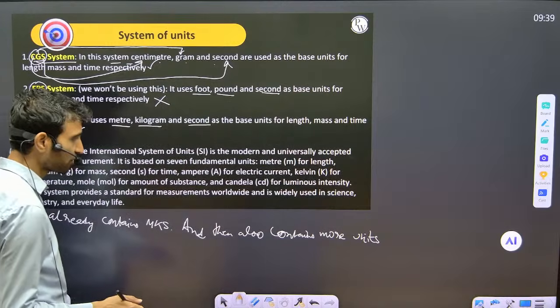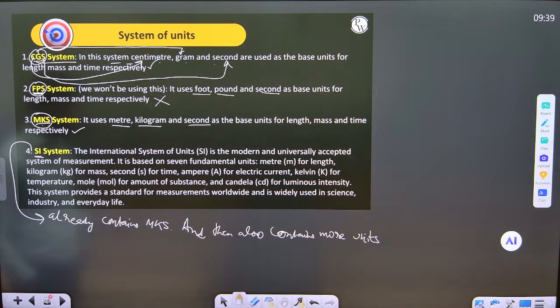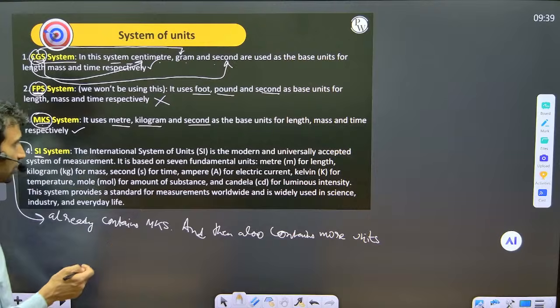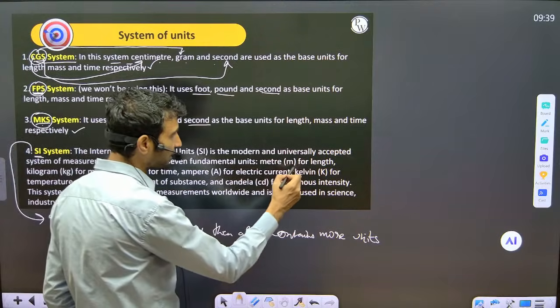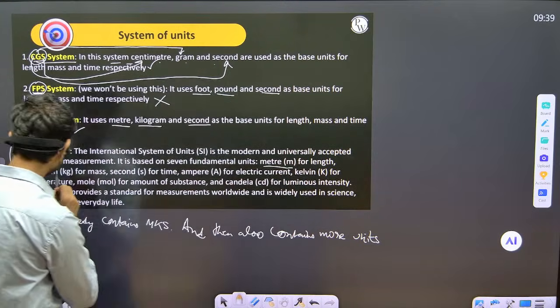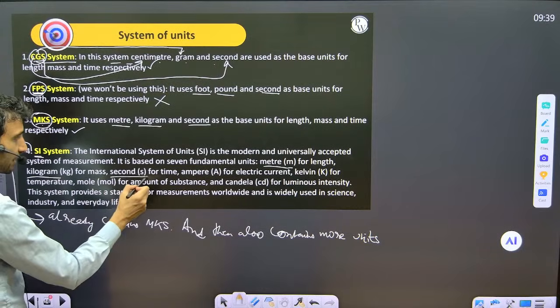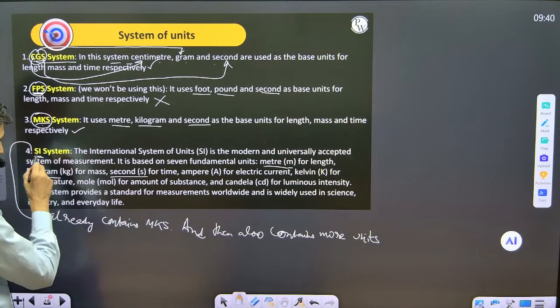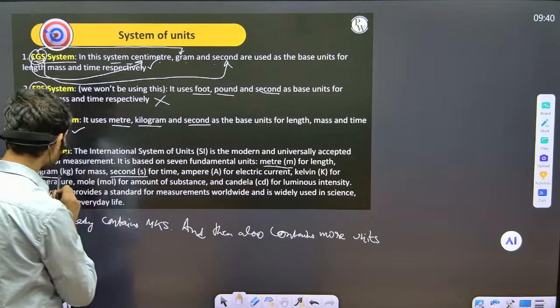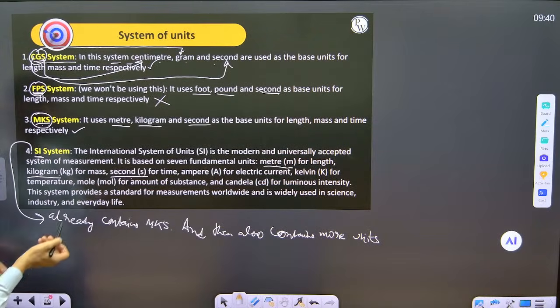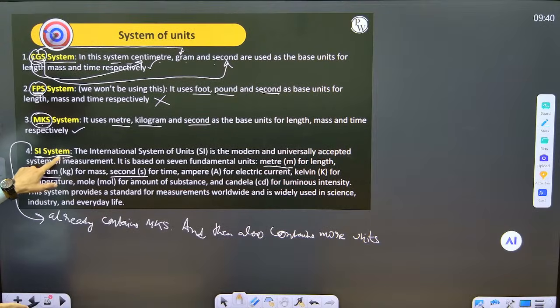Like which one? See, MKS contains meter, kilogram, second. SI contains meter, kilogram, second, but you will say the same was contained by MKS also. So what does the SI system have? It has something extra, and what is that extra?